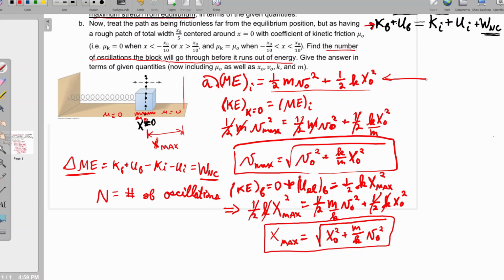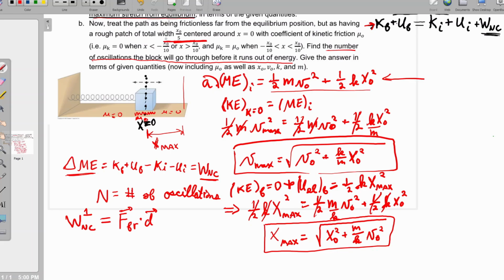So let's see, what is the work done by non-conservative forces for, say, one oscillation? Well, the work done by friction in this case is going to be, it's a constant force, so work done by friction dotted with the displacement. As the object goes through, the displacement will be over this x0/5, the width of that patch.